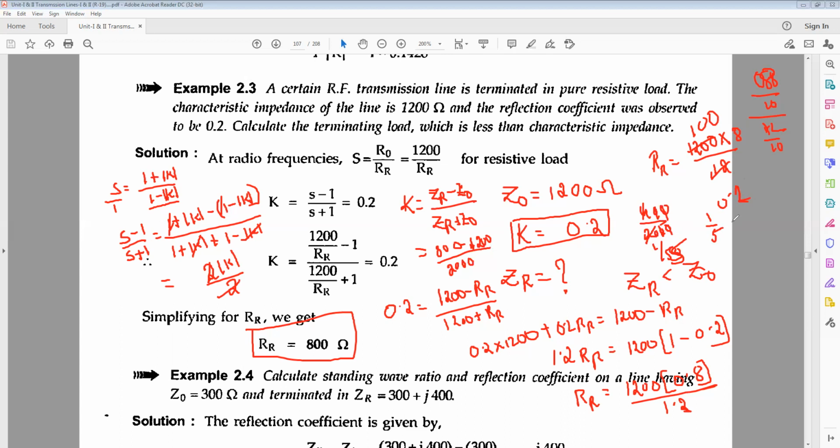Got it, my students? So the load is less than the characteristic impedance, so it satisfies the condition also. So RR is equal to 800 by using this formula.